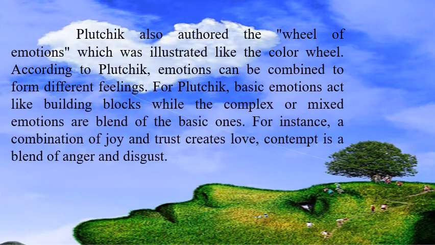According to Plutchik, emotions can be combined to form different feelings. Basic emotions act like building blocks, while complex or mixed emotions are blends of the basic ones. For instance, a combination of joy and trust creates love. Contempt is a blend of anger and disgust.